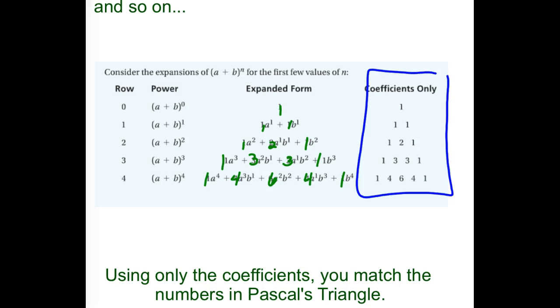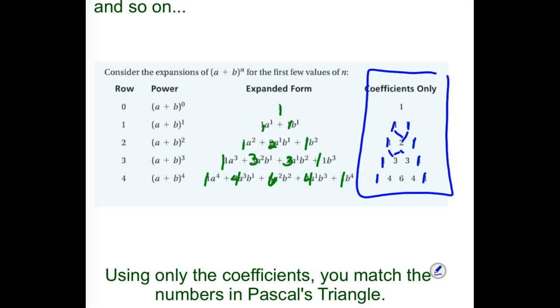Looking at our coefficients, we start out, the first row is a 1. Do you notice that the very first and last number in every row is a 1? Okay, that's a pattern you have to recognize. Within those 1s, what happens if I add those together? I get a 2. If I add the 1 and the 2 together, I get a 3.